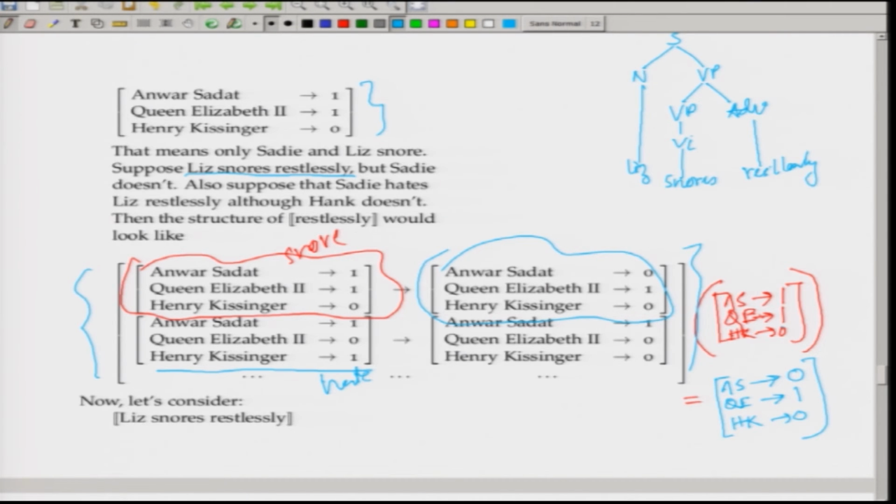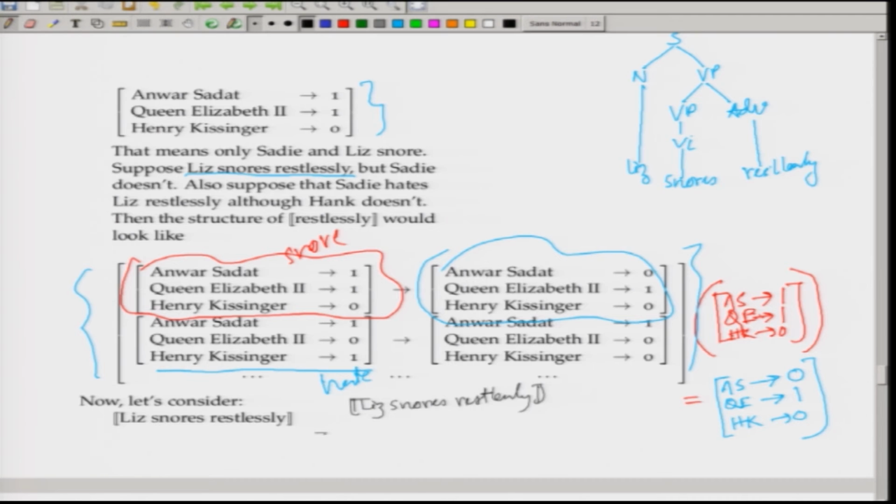It takes snores as we have seen, and after taking snores, so actually how it goes. So, it actually happens this way. The steps will be like this. So, we have this whole sentence, Liz snores restlessly.